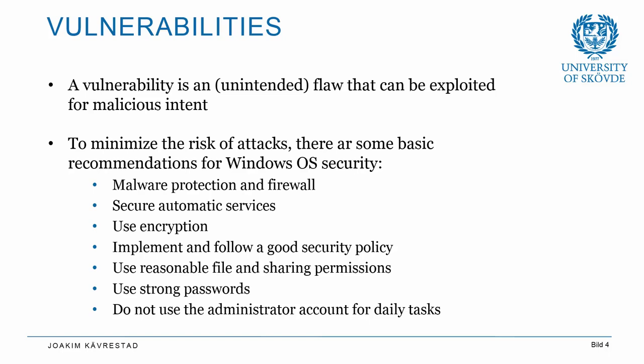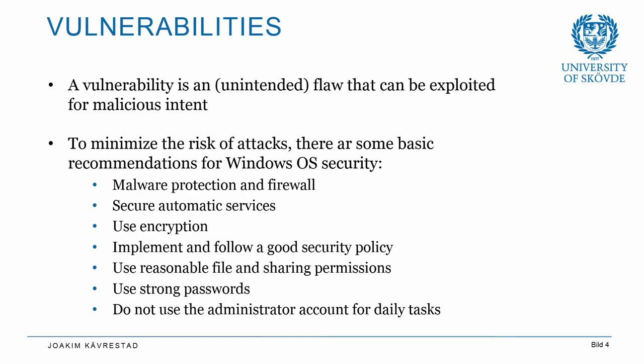That's an unintended flaw. It would be much better if we had some sort of panzer as skin. And the same goes with computers. When programmers program stuff, they program thousands and millions of rows of code. And if they make mistakes, well, then they can create a vulnerability that can be exploited for malicious intent.